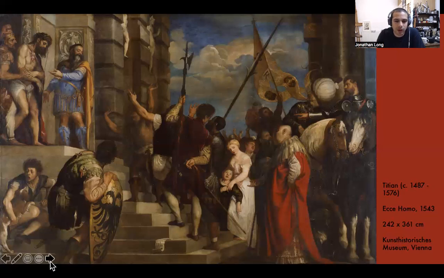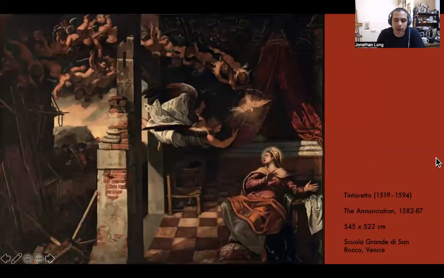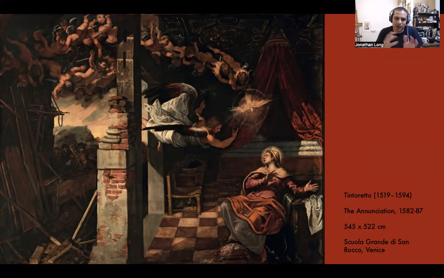A painter who developed on Titian's ideas was Tintoretto, and this painting is on the ground floor of the amazing Scuola Grande di San Rocco in Venice. They're a sort of hospital and church brotherhood, a confraternity in Venice, who sponsored hospitals and that sort of thing.